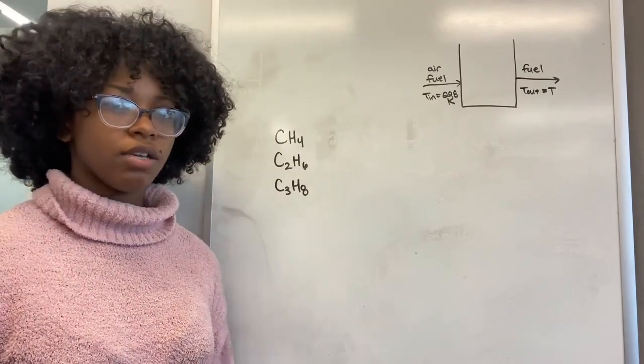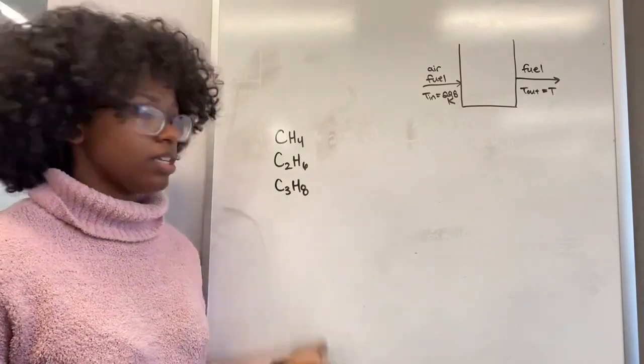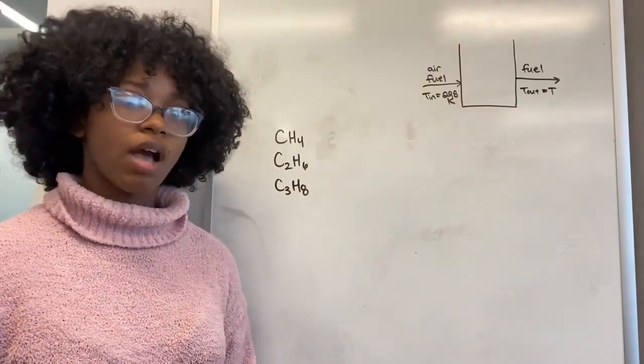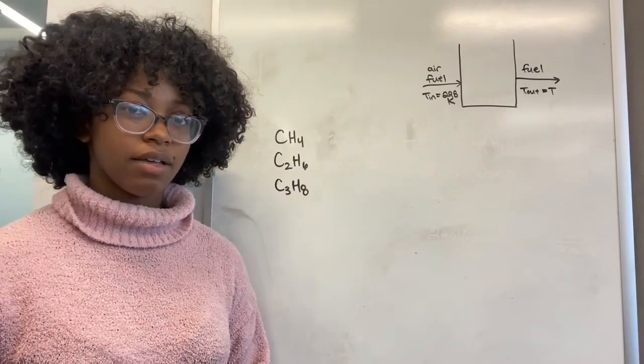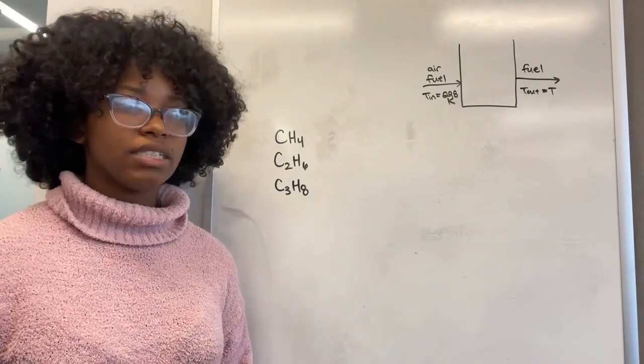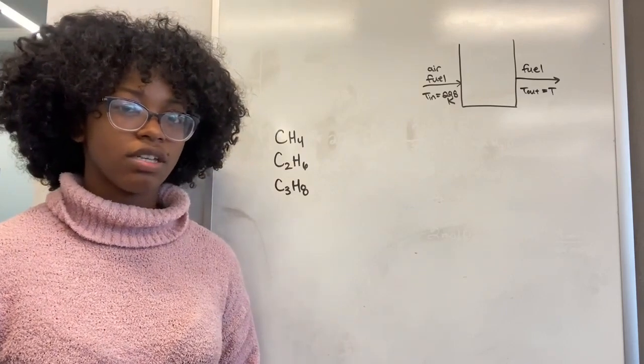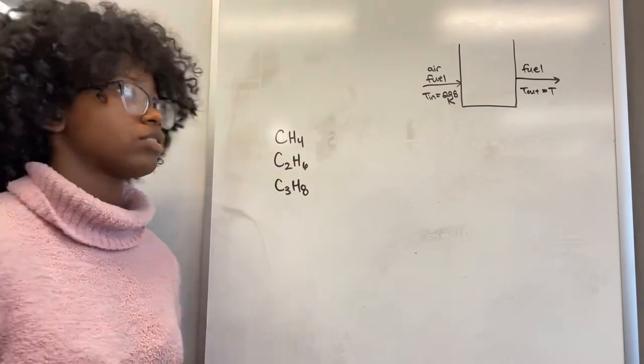But we aren't burning these compounds with pure oxygen. Instead, we're burning them with air, and air has a makeup of basically 79% nitrogen and 21% oxygen.